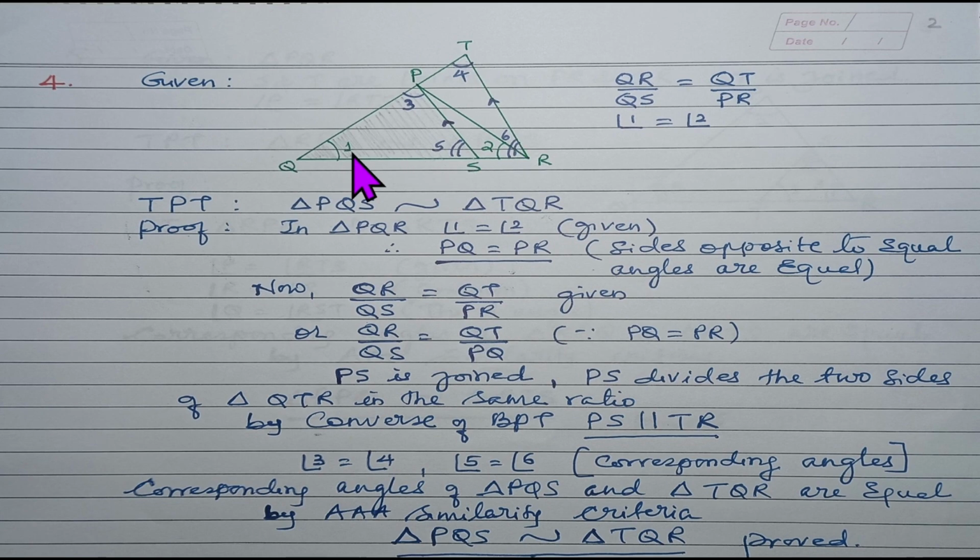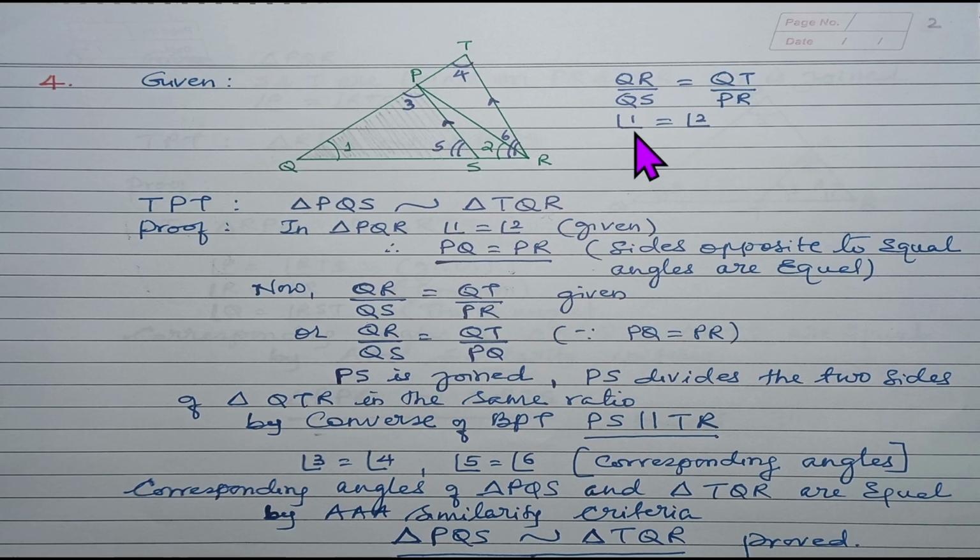Angle 1 is common to both the triangles, and therefore the three angles of one triangle are correspondingly equal to the three angles of the other triangle. That means the angles of triangle PQS and triangle TQR are correspondingly equal, and therefore by AAA similarity criteria, triangle PQS is similar to triangle TQR.